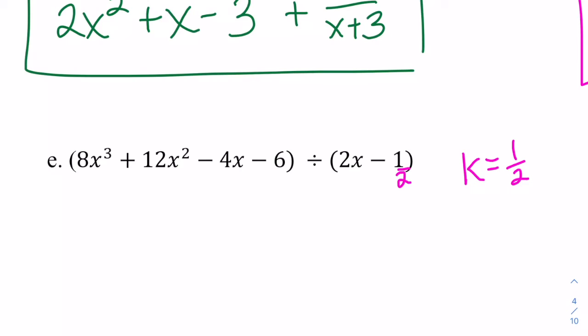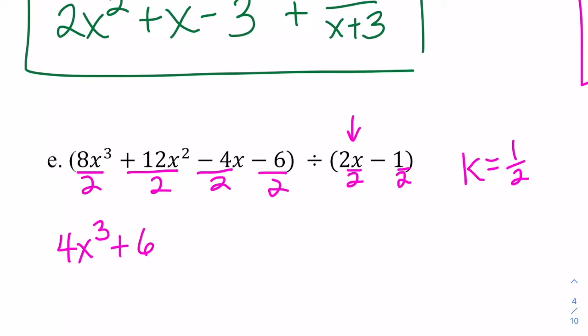So I'm going to divide everything in this whole equation, this whole quotient, by 2. Because I want to have that coefficient for the x, the linear factor, to be equal to 1. So we're going to have 4x cubed plus 6x squared minus 2x minus 3 divided by x minus 1/2.